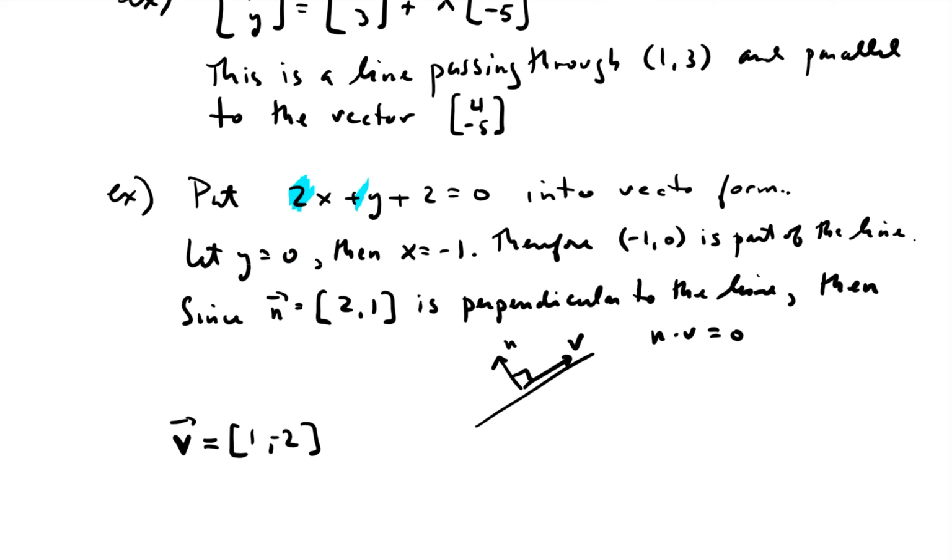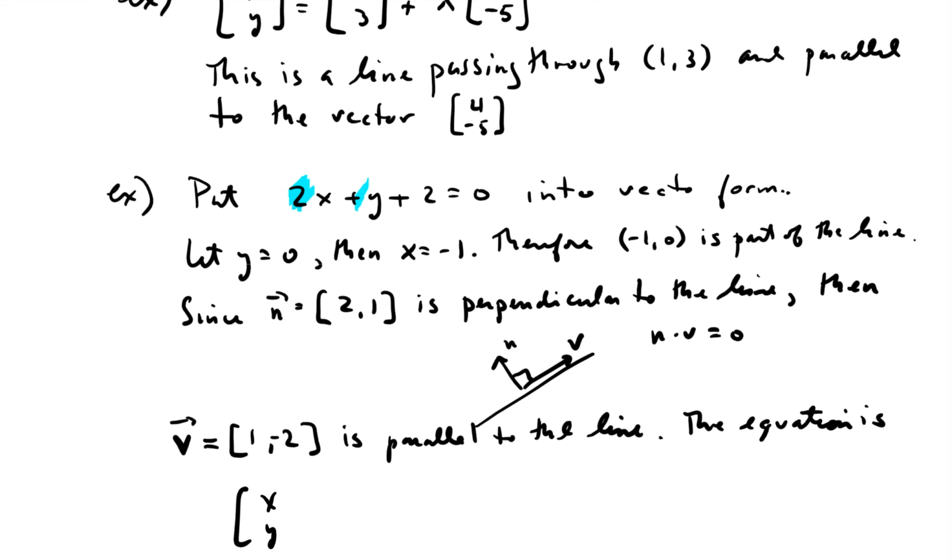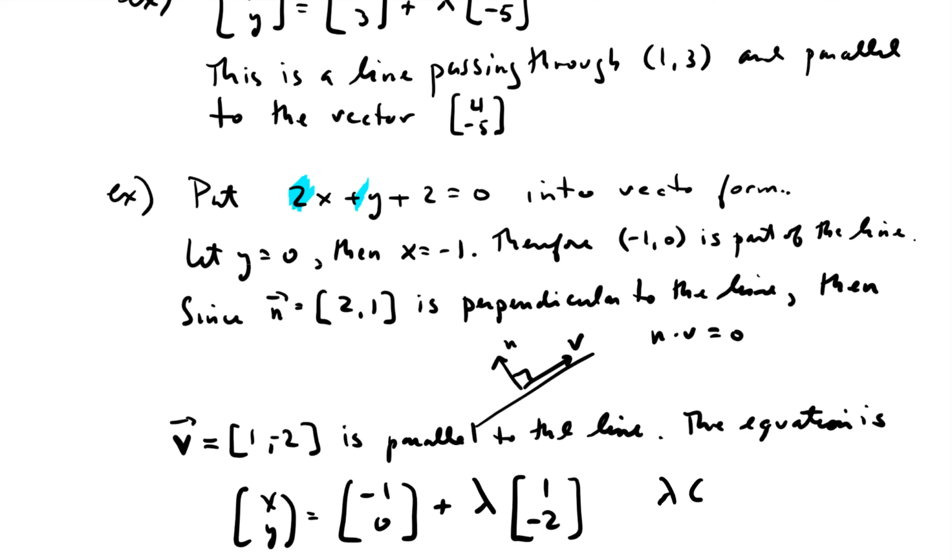Okay, so then v is parallel to the line. Now that I have my two ingredients, the equation is (x, y) equals my point, minus 1, 0, plus lambda times v, where lambda is any real number.